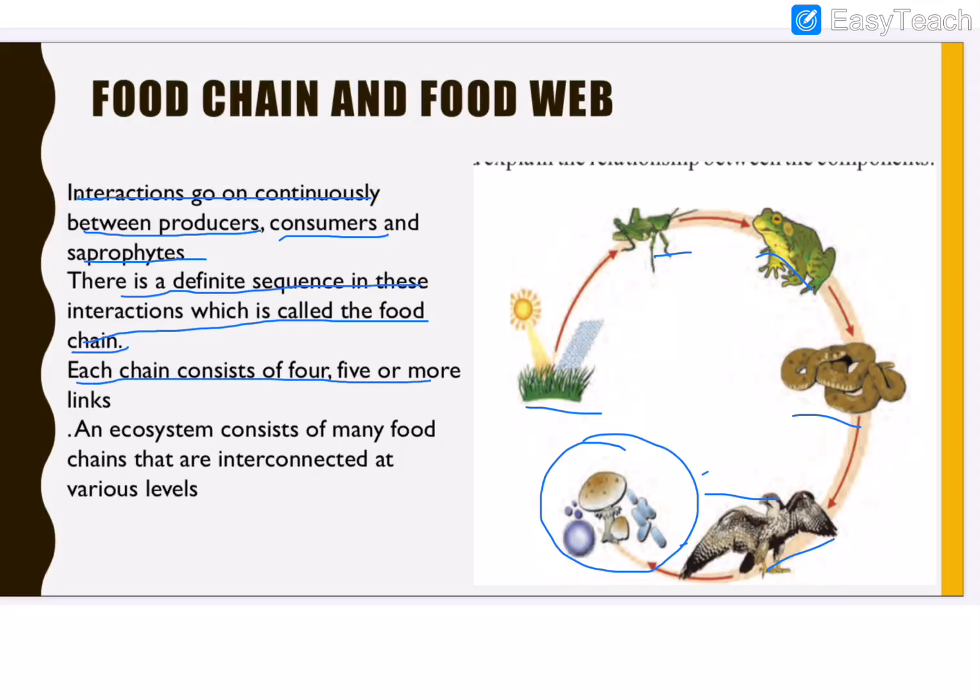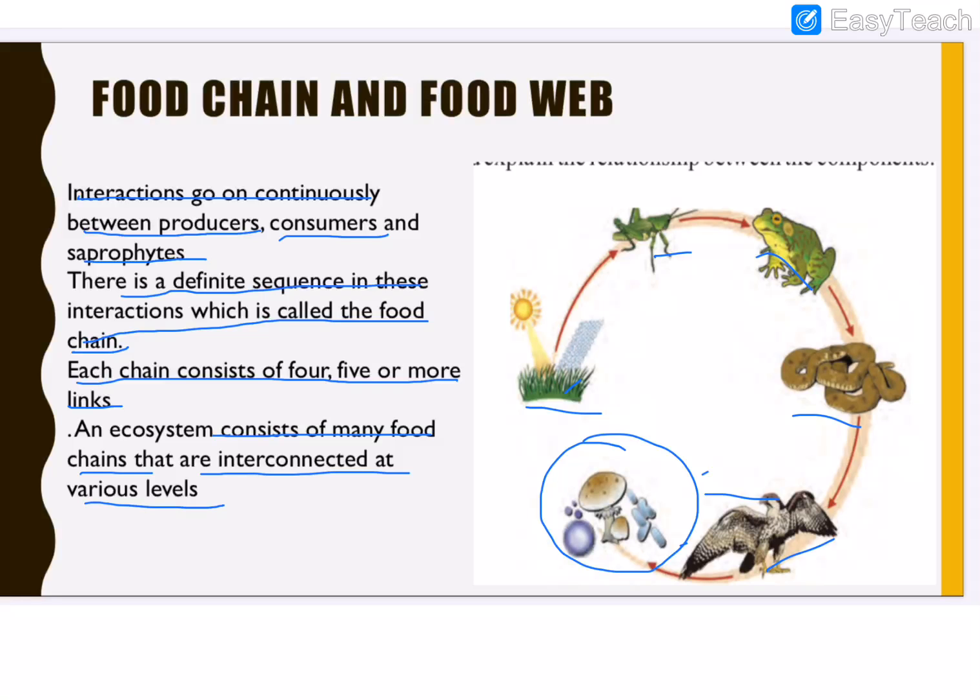Each chain consists of 4 or 5 or more links. You can see here 1, 2, 3, 4, 5 links are there, or more than 5 or 6 links. An ecosystem consists of many food chains that are interconnected at various levels.